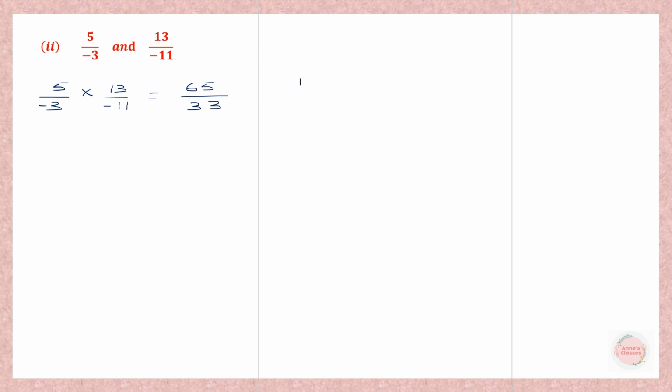Let's change the order and see. 13 by minus 11 into 5 by minus 3. So here 13 into 5 is 65, minus into minus is plus, 11 threes are 33. So when you multiply it this way, you get 65 by 33. When you change the order of the rational numbers and multiply, you still get the same answer. So what does that mean?